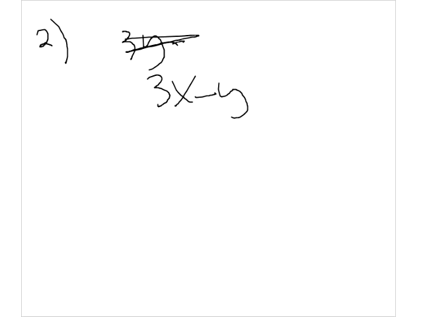Okay, so let's start off by looking at number 2, which is 3x minus y, kind of like what we just did in a way. 3x minus y equals 5.